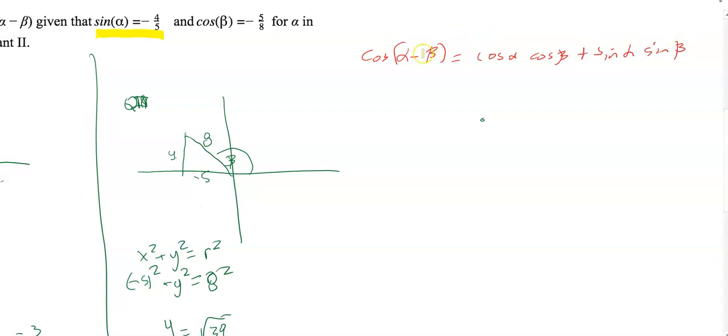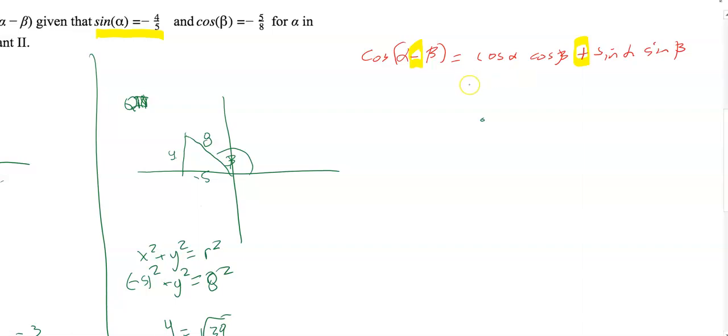Remember with the cosine formulas, you have the minus between the angles, then you have a plus between the terms on the right side. So let's plug in the parts we know.